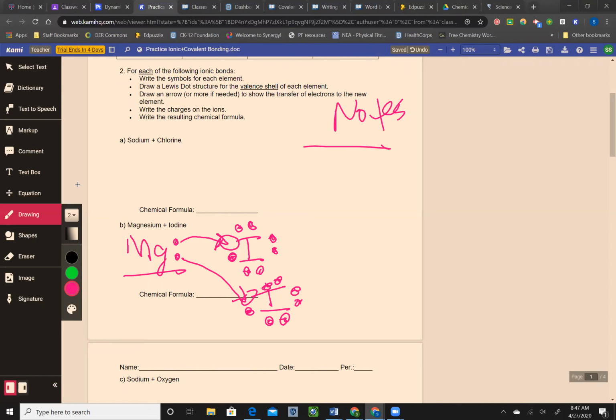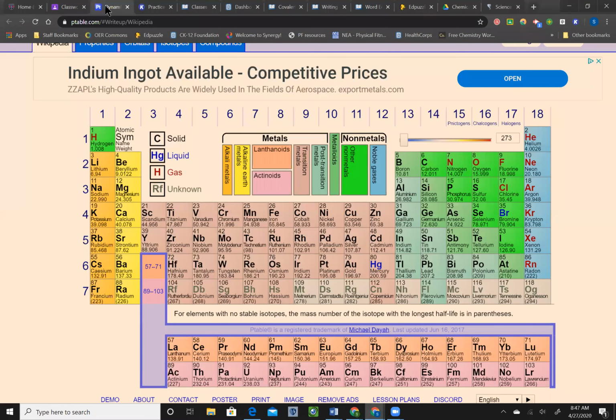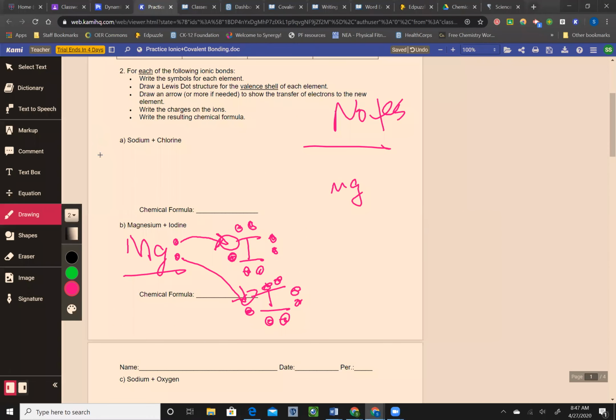Okay. So magnesium, remember, if it had an atomic number of 12, that means it had 2 electrons in that first shell, and it had 8 electrons in that shell, and then it had another 2.